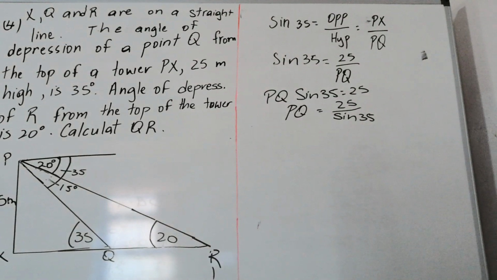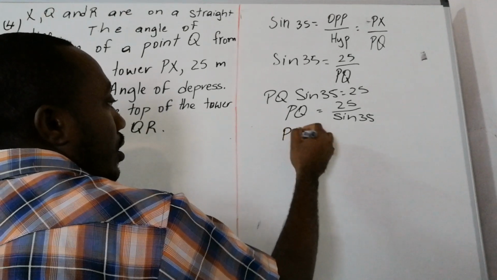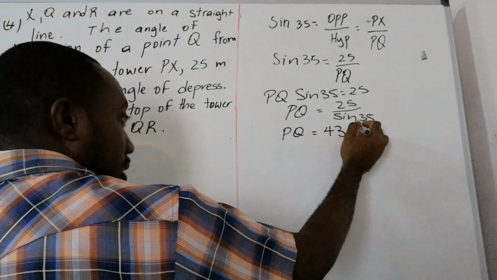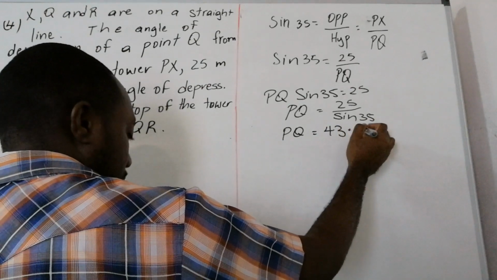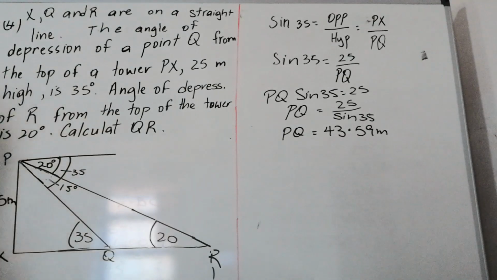So PQ will be equal to 25 divided by sine 35. And that will give us PQ is equal to 43.59 meters. This is PQ.